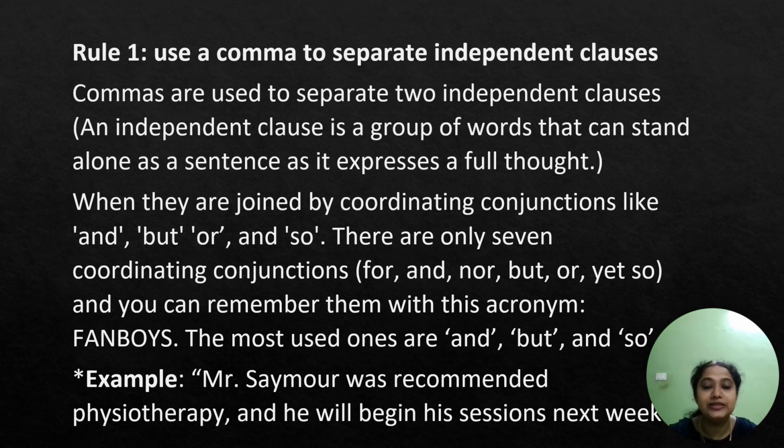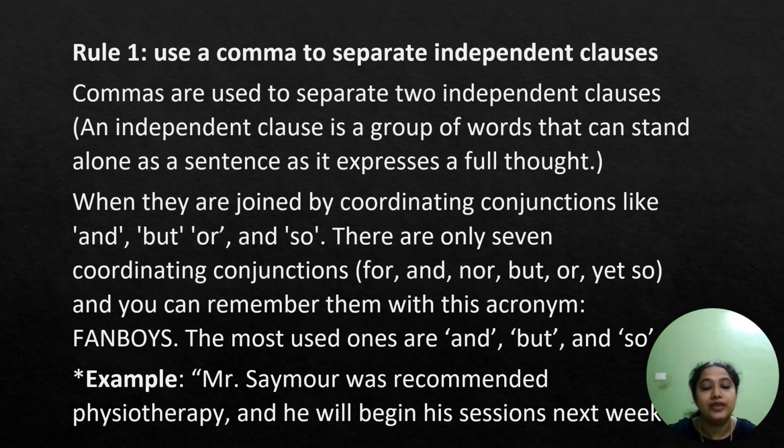That means if we separate them, they can stand on their own with a meaning. That's why they are called independent clauses. So when they are joined by coordinating conjunctions like and, but, or, and so, there are 7 coordinating conjunctions, and you can remember them with the acronym FANBOYS.